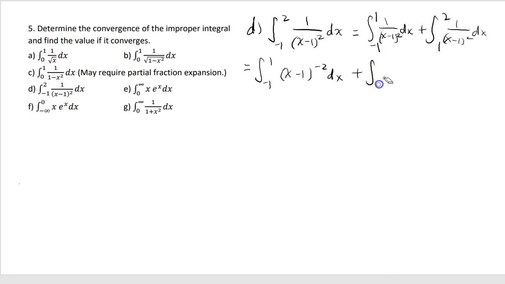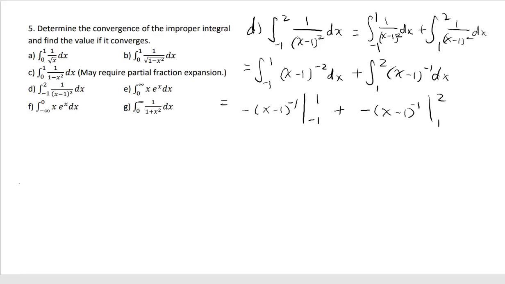So from 1 to 2, the integral of x minus 1 to the negative 2 is, by the power rule, if you add 1 to the exponent, that's negative 1, and the reciprocal of negative 1 is negative 1, so from negative 1 to 1, plus the same integral with different endpoints, from 1 to 2.